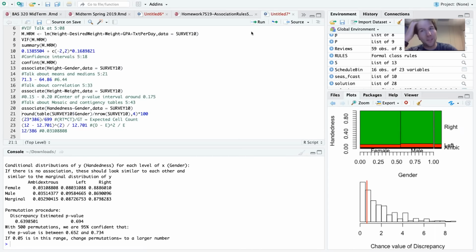No, and we know that because of the p-value. The p-value is right here. Is this interval conclusive? It is, and we know the interval is conclusive because the interval does not contain 0.05. So we have a test that is not significant and is conclusive.